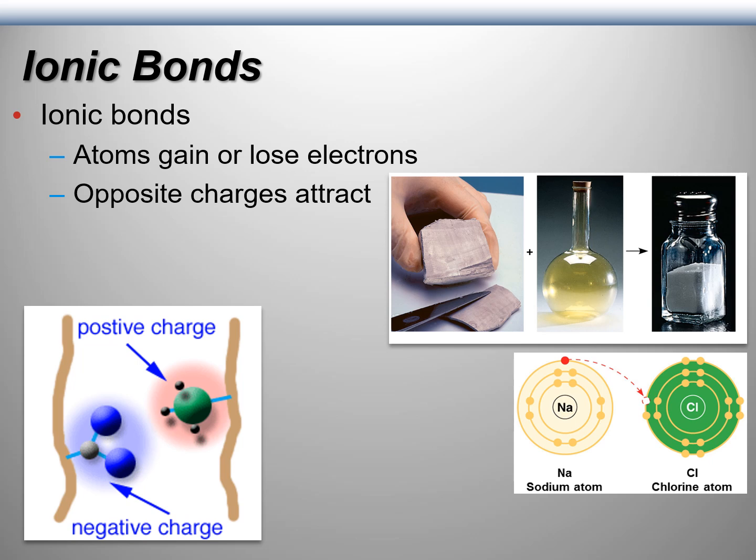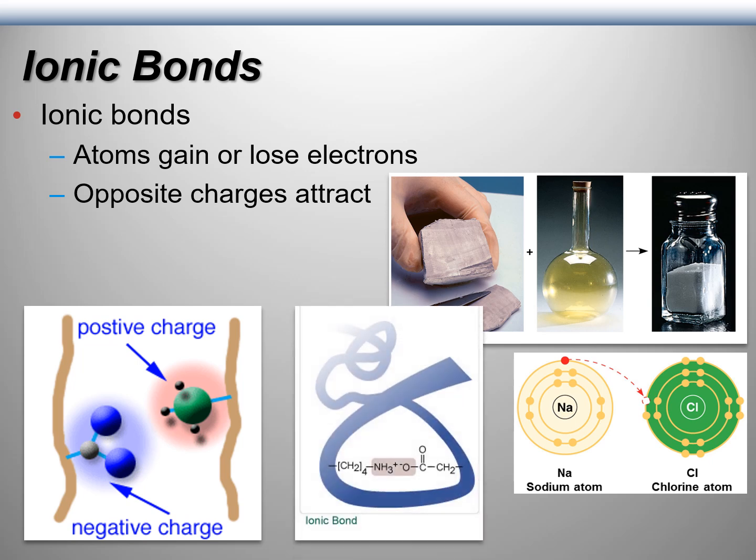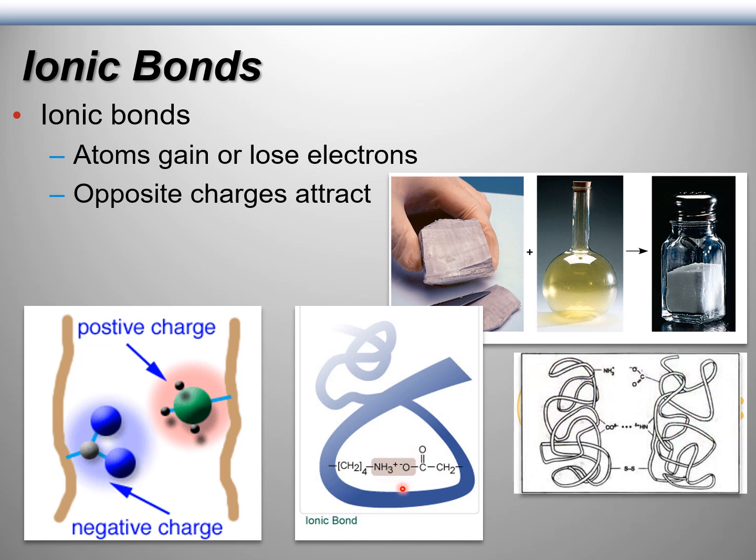And that's why ionic concentration in intracellular fluid or in the blood, back to our chem panel picture, that's why ionic concentrations can be really important, because they have an effect on protein structure. And for delineation purposes, in terms of image, you should be able to recognize an ionic interaction in a protein. So here it's a little hard to see, but there's a plus and a minus here if you look closely.